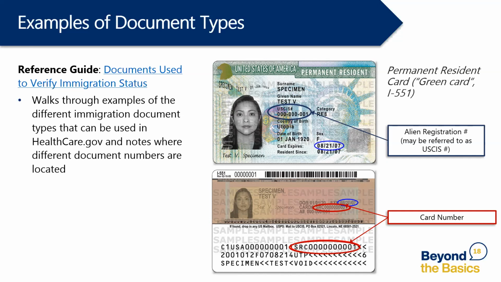I wish I could tell you that it wasn't, but it is. So we created a document that you can use, and healthcare.gov has a very similar document on their website that can help you walk through different kinds of documents so that you can decipher which number is likely to be the right one. Next slide.